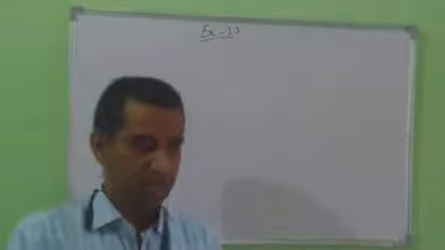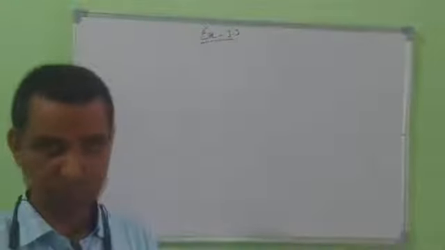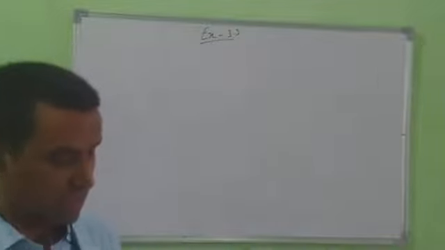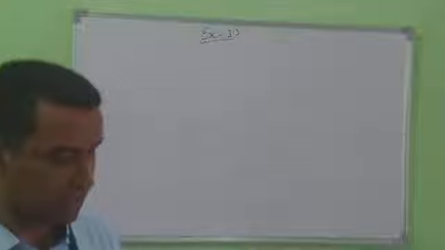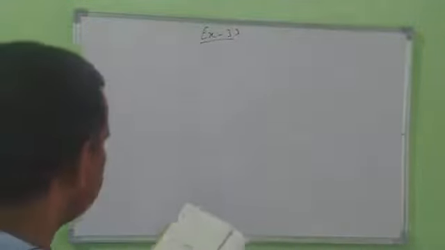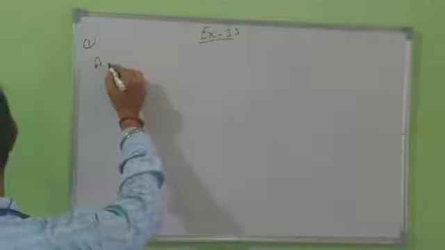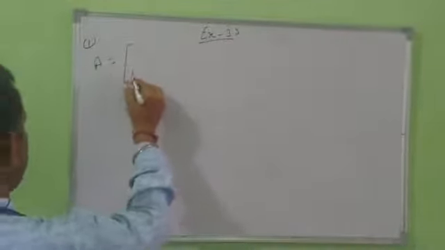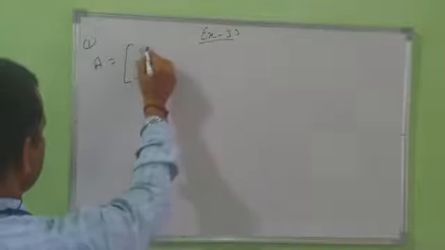Next, I will solve some problems of exercise 3.3: find the transpose of each of the following matrices. Look at question number one. Suppose the matrix given is 5, 1 by 2, and minus 1.